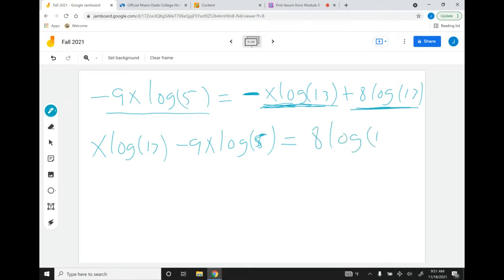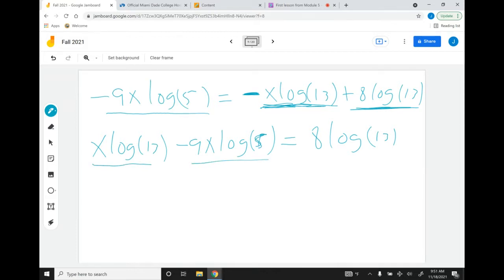Just like when you were solving linear equations where you're supposed to put the constant on the right hand side. I'm doing exactly the same. It's just that these numbers are not your usual numbers.